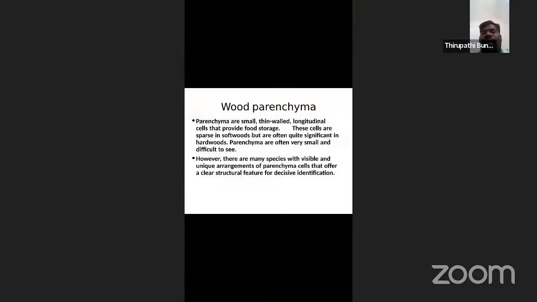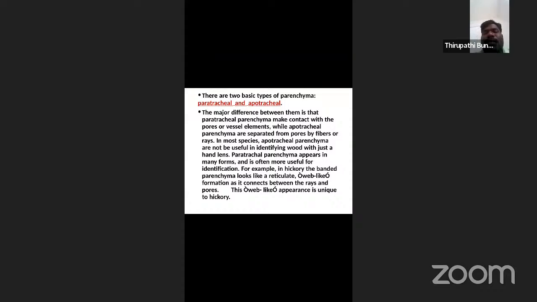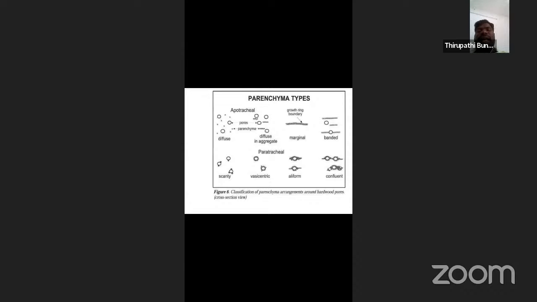In the vessels, wood parenchyma, paratracheal and apotracheal parenchyma. Parenchyma has two types, paratracheal and apotracheal. Already the parenchyma topic is over. Next, parenchyma types also. This is apotracheal, this is paratracheal.